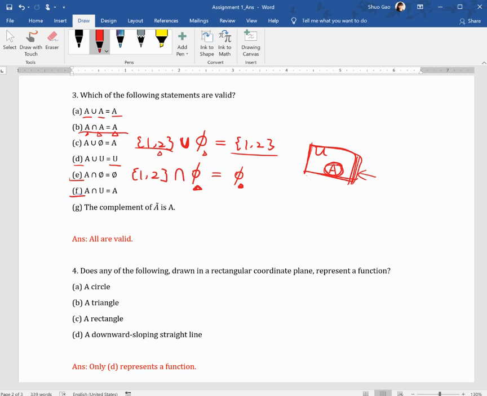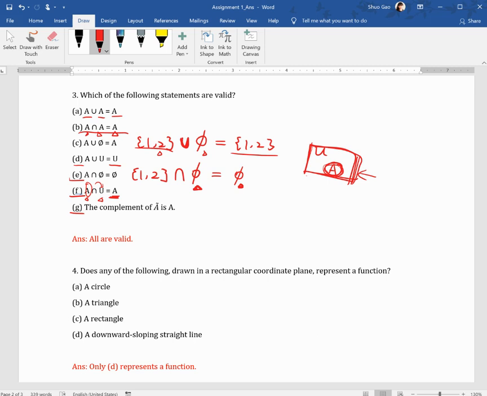So if you take the intersection, the result will only have the elements that A has. So the smaller set intersects with a larger set, of which it is a subset, and the result should also be the set itself, A.